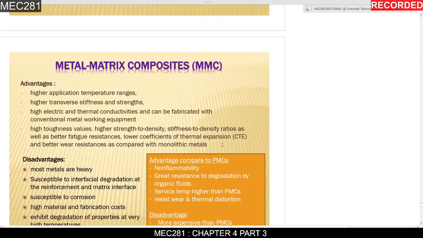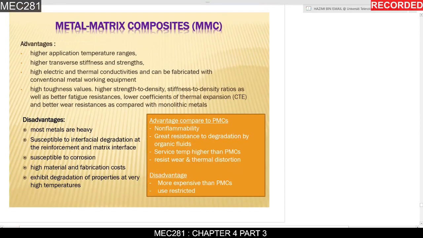Okay, so right now we have the advantages and disadvantages of MMC. Compared to the PMC, polymer matrix composite, MMC has advantages of non-flammability. So tak terbakar lah. So great resistance to degradation by organic fluids.